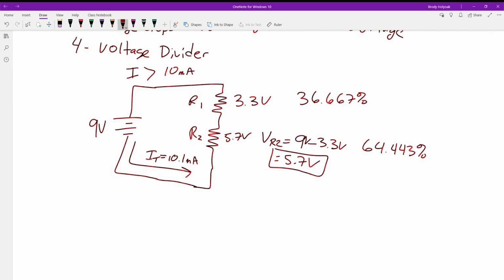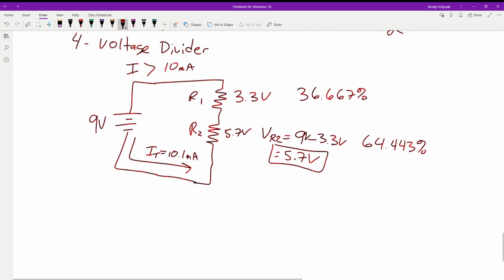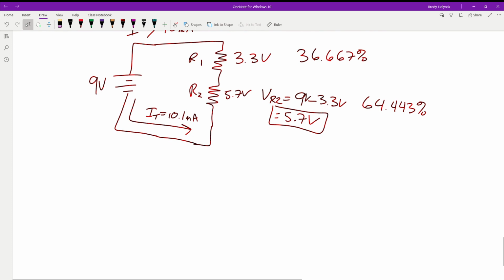Now what do I do to get those resistor values? Ohm's law. So R1 is equal to voltage of R1 divided by the current through R1, which is 3.3 volts divided by 10.1 milliamps.